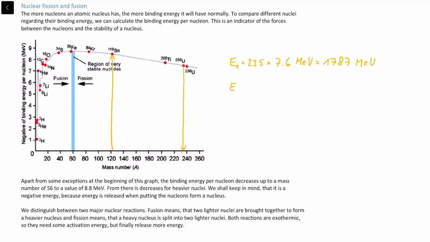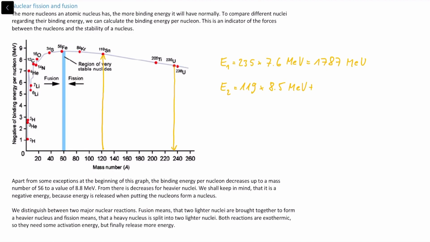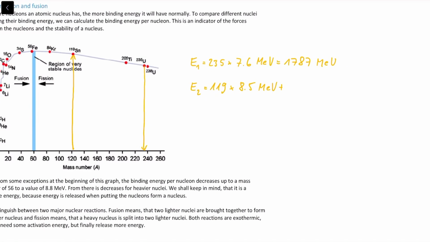So now we look at the second step, and the products of this reaction are two nuclei. So the energy that they have could be, for example, for 119, and what do we have here? Let's say it's 8.5 mega electron volts, and then we have 235 minus 119.